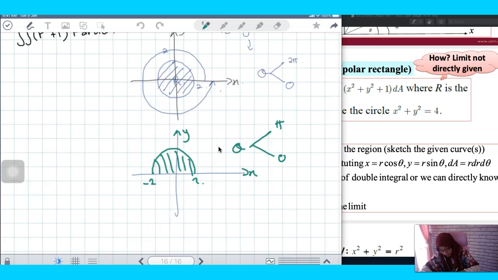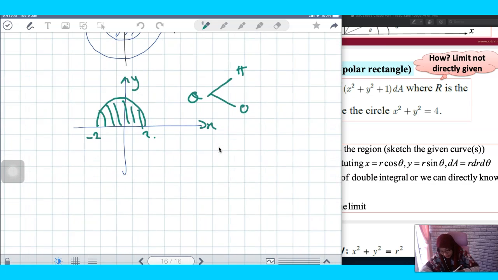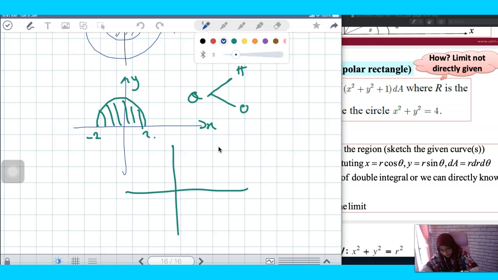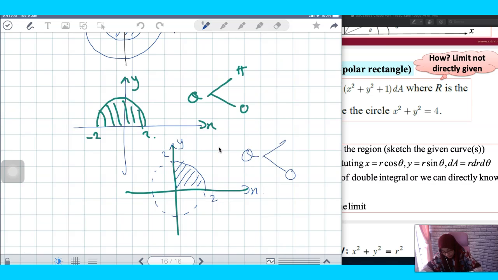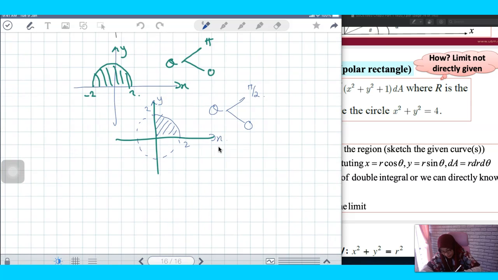If the region is only lying on the first quadrant, still part of the circle with radius 2, then how about the limit of theta? 0 to pi over 2.